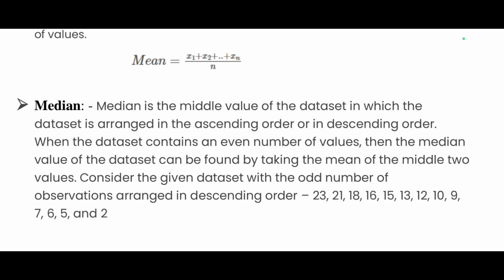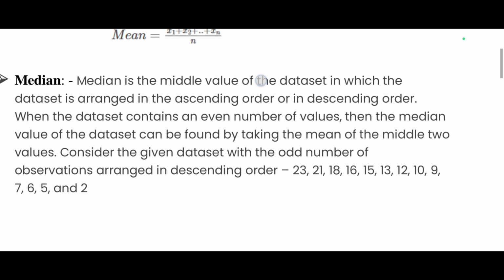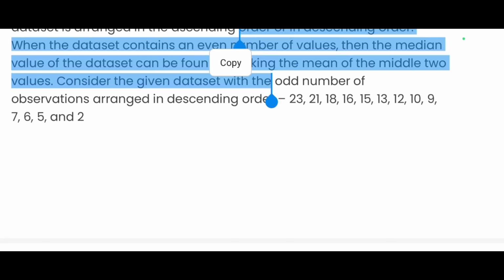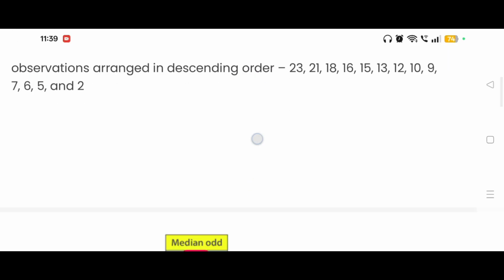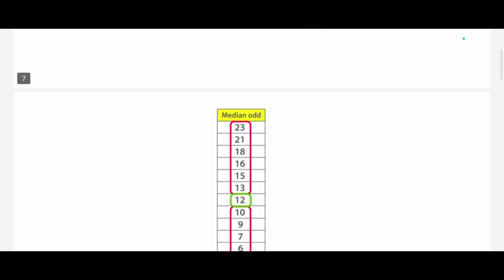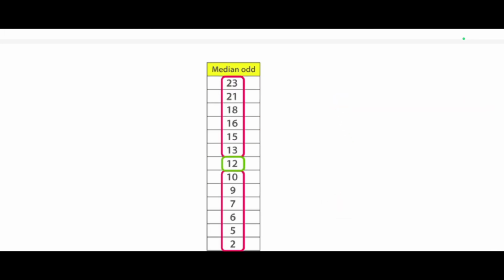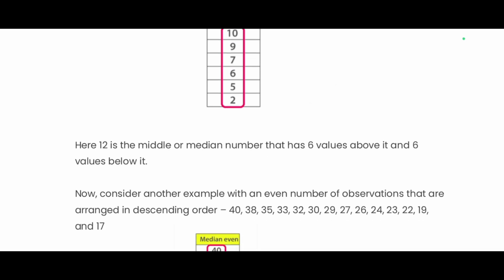Consider the given data set with an odd number of observations arranged in descending order: 23, 21, 18 and so on. The median is located at the middle value, that is 12. Here 12 is the middle value, with 6 observed values above it and below it.